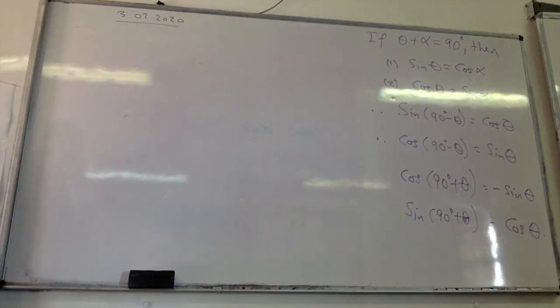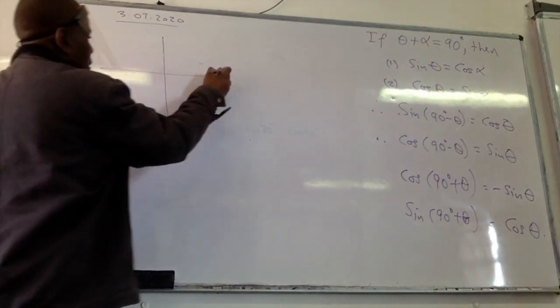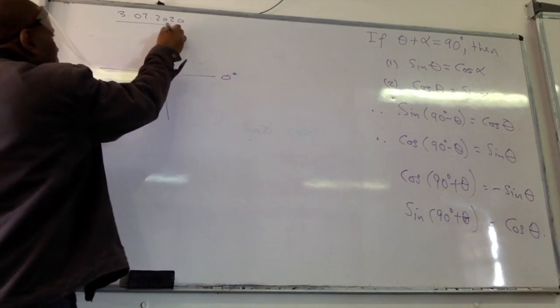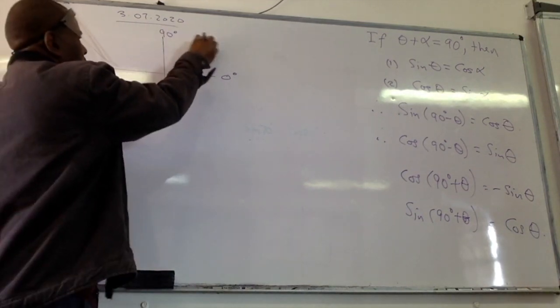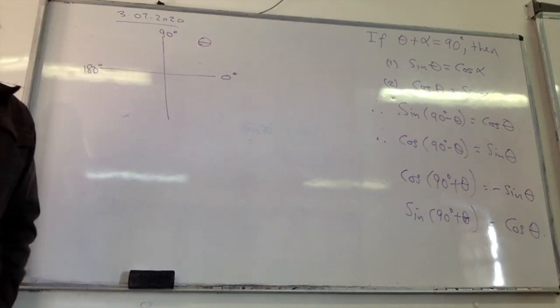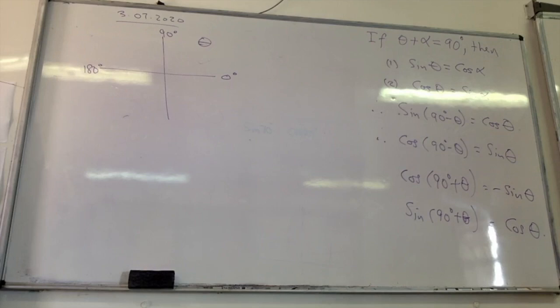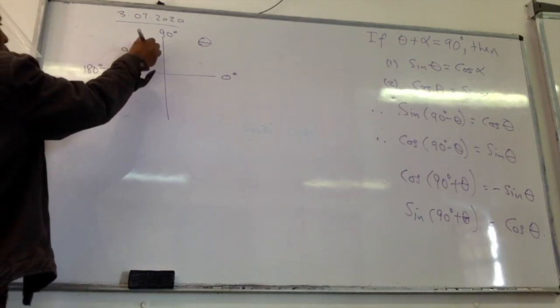Here is one way you can do this, especially these last two. If 0 is here and 90 is here, if theta is in quadrant 1, then where is 90 plus theta? So 90 plus theta should be in quadrant number 2.